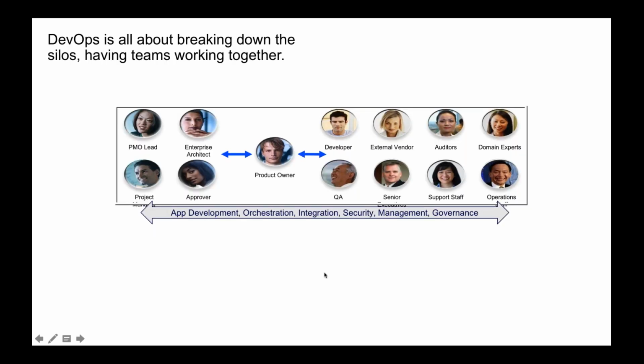Suman, next slide. So when we think about DevOps, it really is all about having teams work together. It's all about having the organization come together to provide this end-to-end DevOps capability to allow the business to work with development, operations, with everyone to deliver value faster.